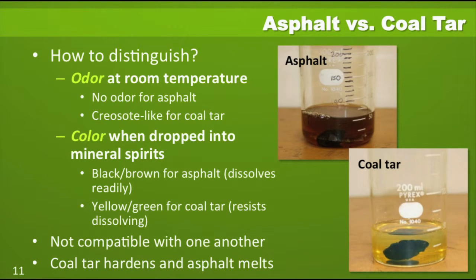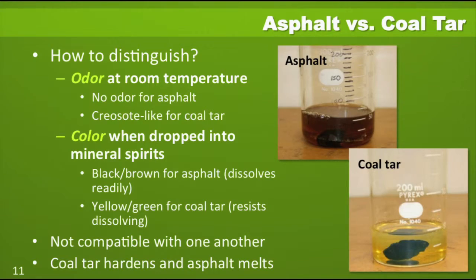Asphalt will dissolve in mineral spirits, and so as we look at that top photograph, the liquid will turn dark brown to black as that asphalt starts to dissolve. With coal tar, there might be some dirt and grime that comes off that changes the liquid from clear to a lighter yellow color, as we see in the photograph, but the coal tar itself will not dissolve.